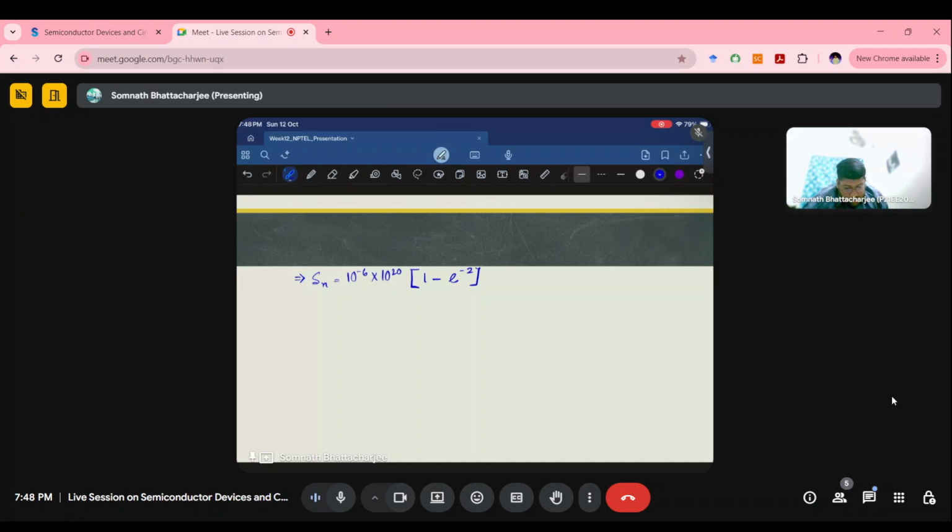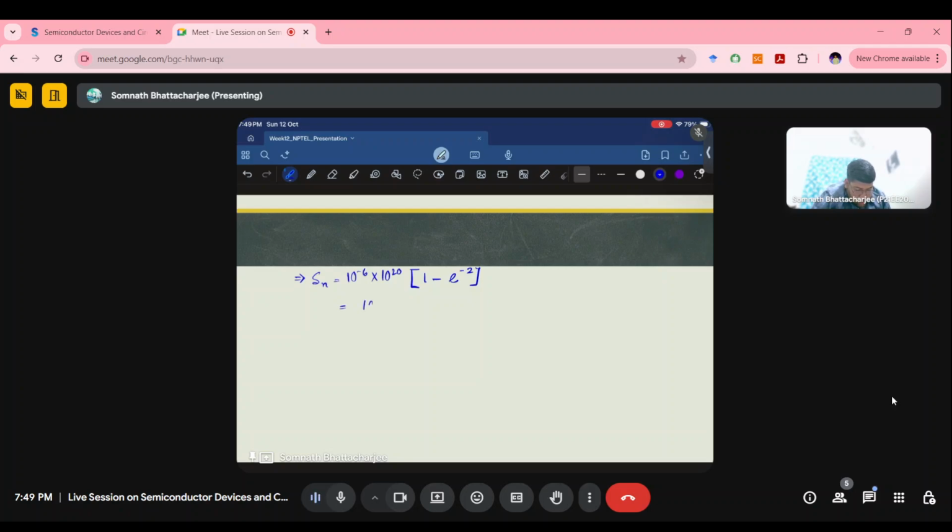We'll just use a calculator. e to the power of minus 2 is 0.13533, and that would be minus of 1.